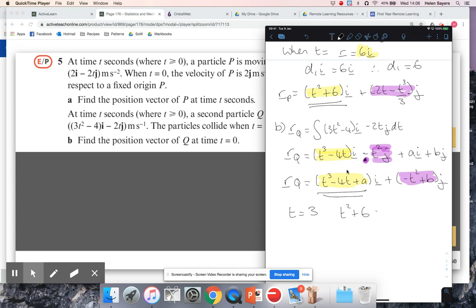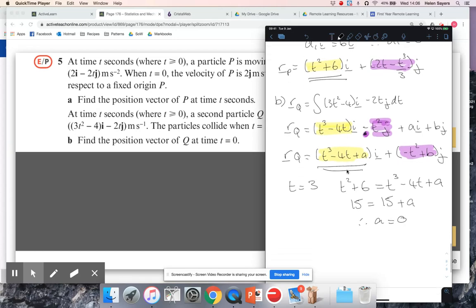So that i component must equal that i component. So I know that t is 3. So 9 plus 6 is going to be 15. 27 minus 12. Okay, so a is 0.